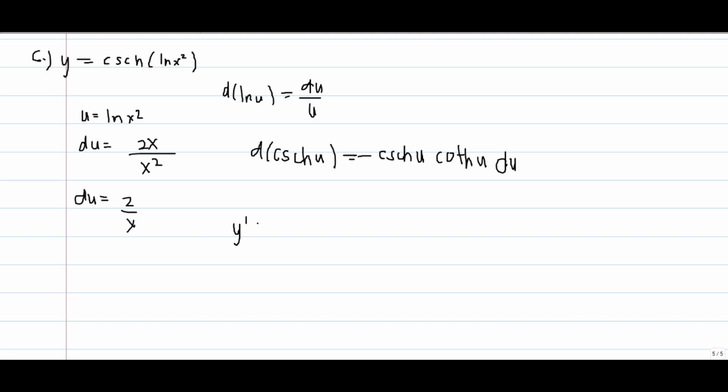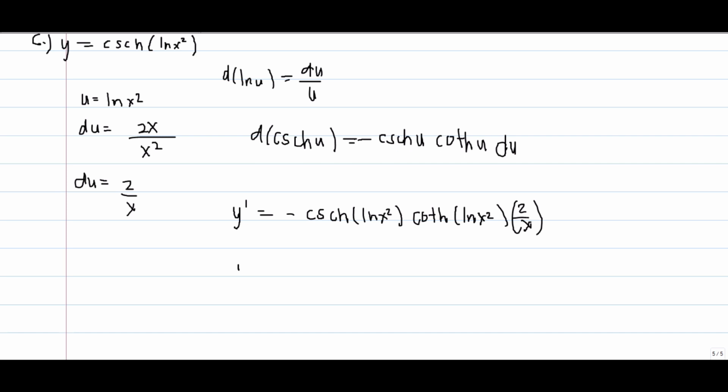So y prime is equal to negative csch, where u here is ln x squared, then coth of ln x squared, where du is 2 over x.